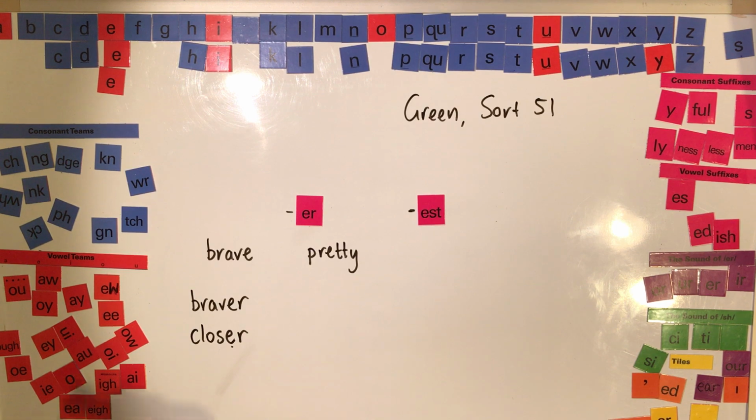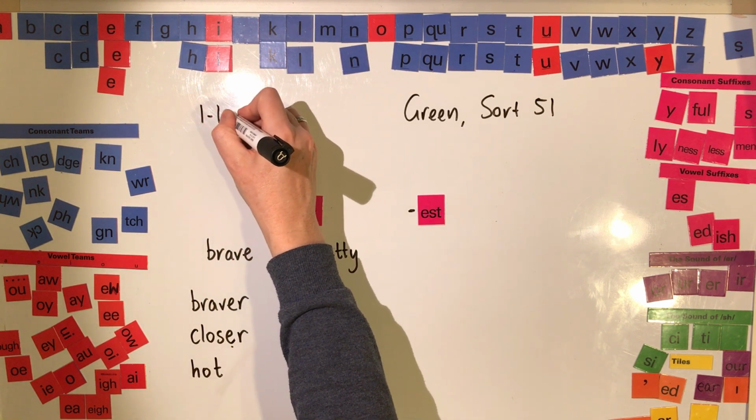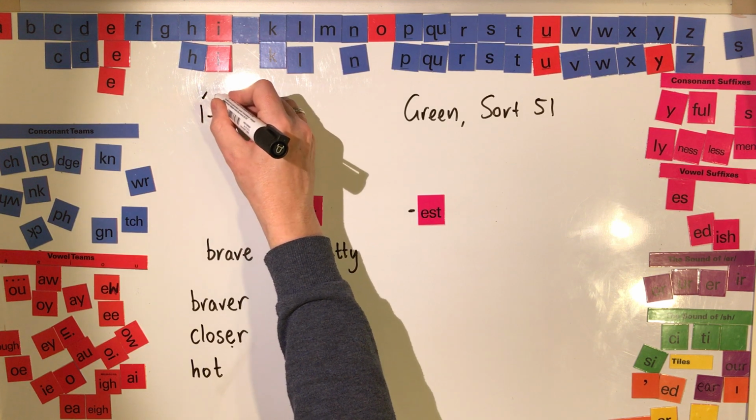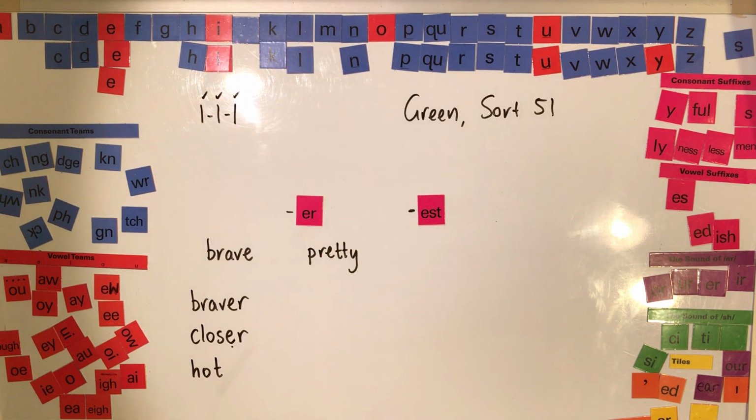Then we have to consider our 111 again. If it is a single syllable with 1 vowel and 1 consonant, if it ticks all of those 3 criteria, we have to double the middle letter when we add an ending that begins with a vowel.